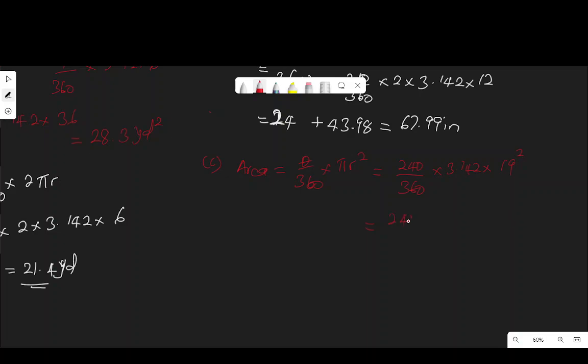Now 240 divide 360 times 3.142 times 361. Then multiply by 3.142 and multiply by 240 divided by 360. 756.